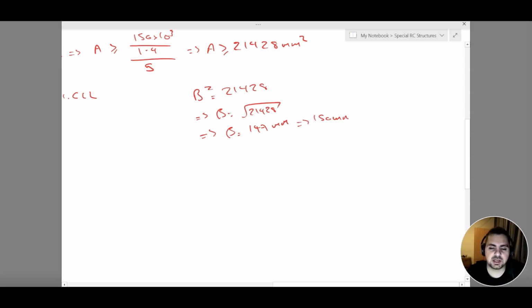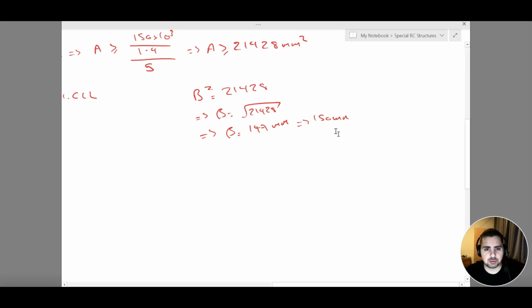So this is basically my WP and my LP because we said they are equal. However, usually my LP is greater than my WP, and this is what we are going to do because here we found the minimum area that we need. So we can set our LP to be 200 millimeters and our WP to be 150 millimeters.